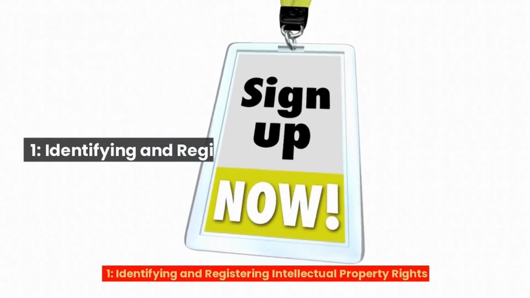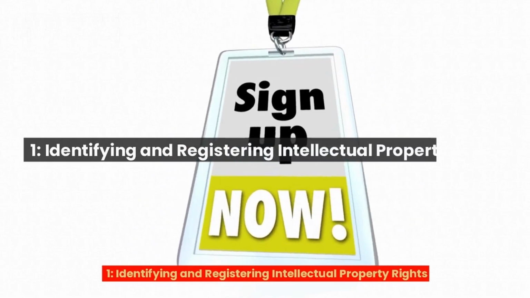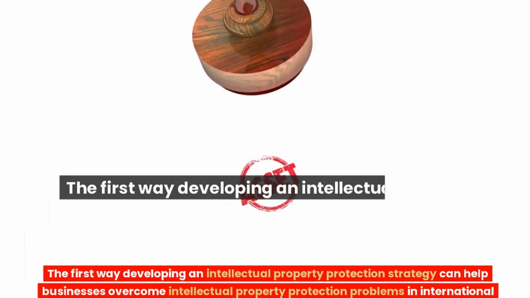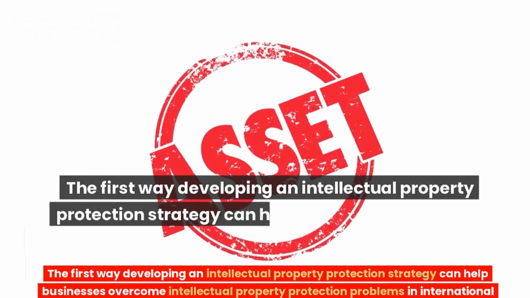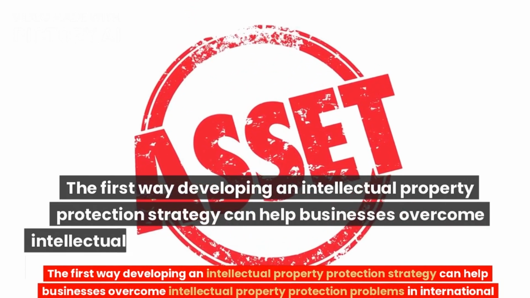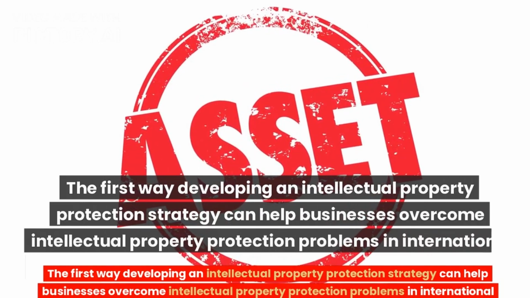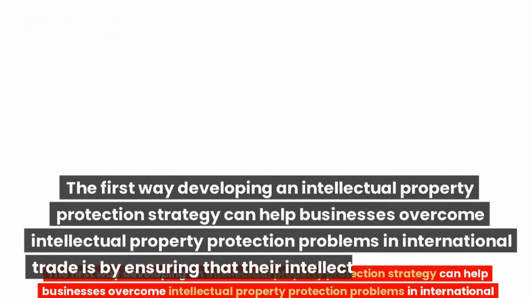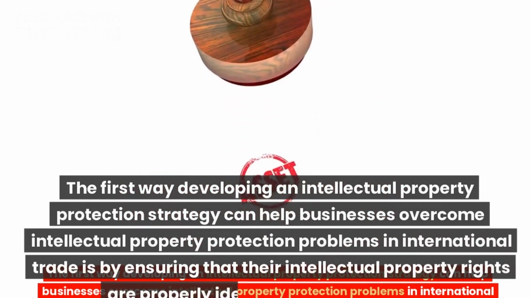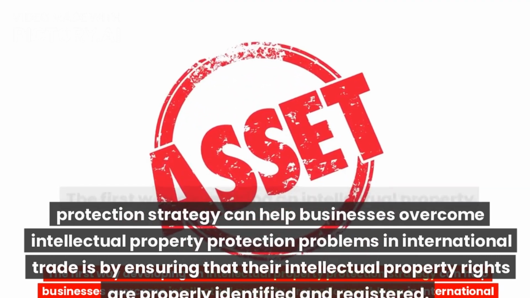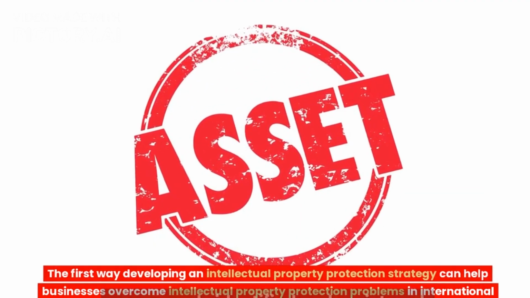1. Identifying and registering intellectual property rights. The first way developing an intellectual property protection strategy can help businesses overcome intellectual property protection problems in international trade is by ensuring that their intellectual property rights are properly identified and registered.